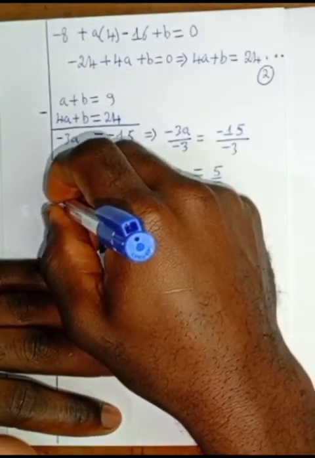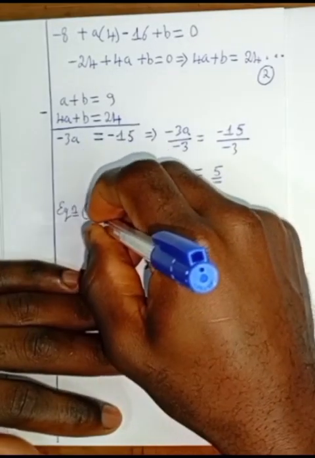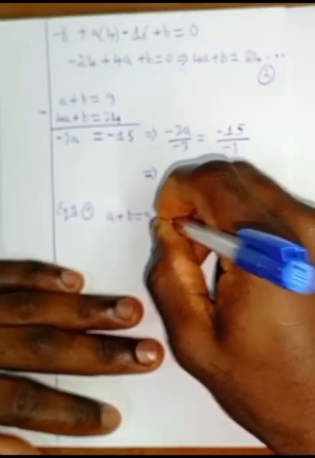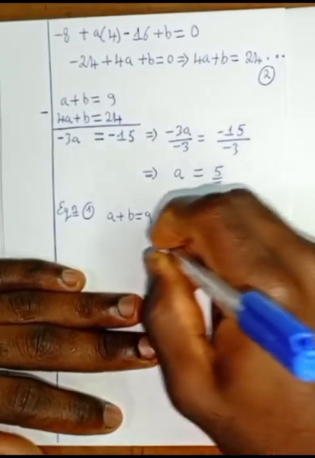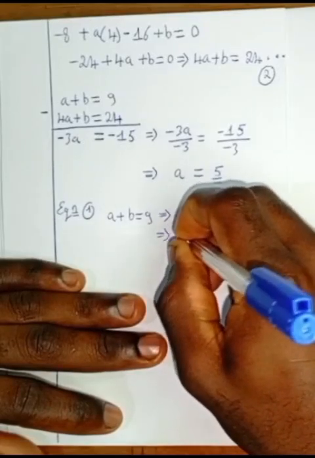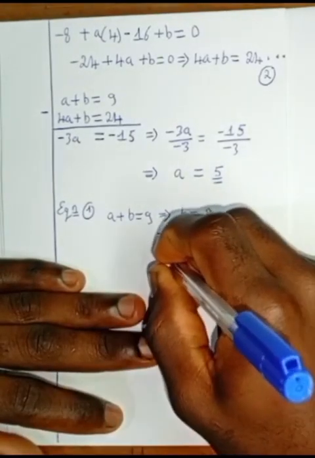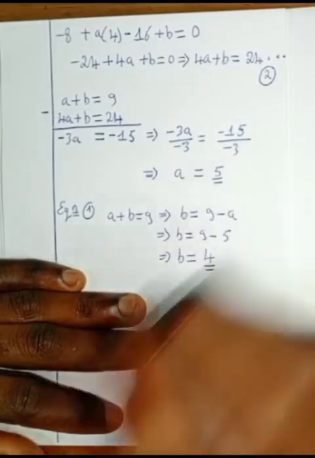We know in equation 1, we have a plus b to be equal to 9. Then, if we make b the subject of formula, b will be equal to 9 minus a. Then, b will be equal to 9 minus, we know a is 5. This will give us b to be equal to 4.